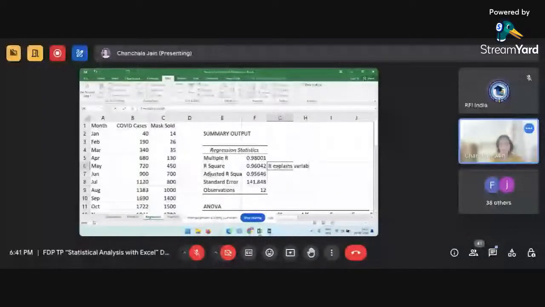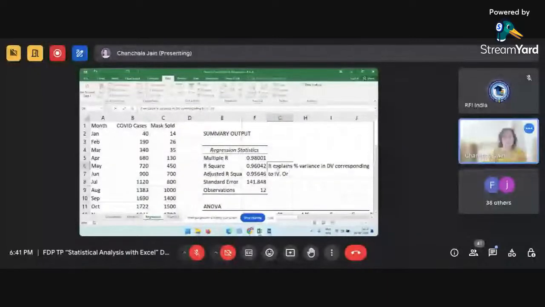It explains variability or percent variance in the DV corresponding to the IV.